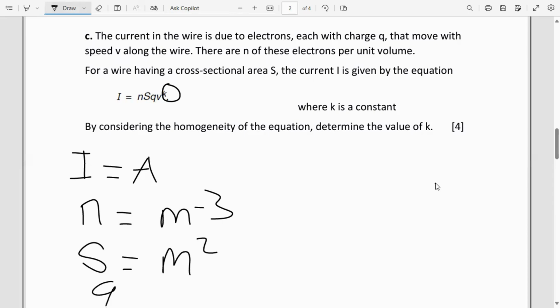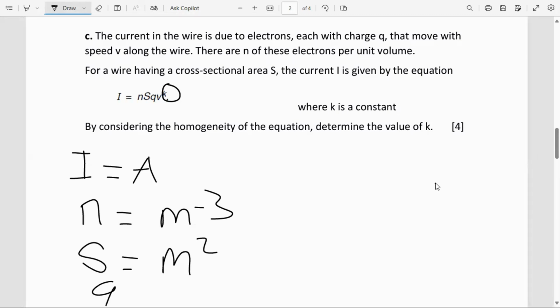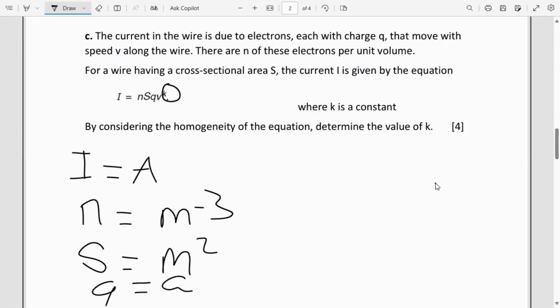We have Q, representing charge, and charge is given in coulombs. We also have V, one of the simplest: this is just meters per second.